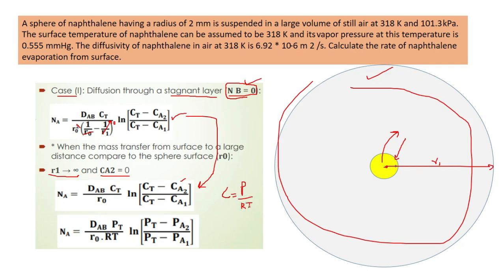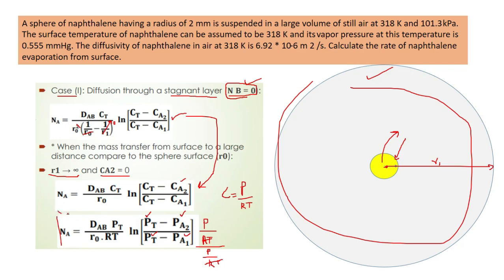So in place of CT you will write PT over RT, and in the numerator and denominator of the log term you will also write P over RT. RT remains constant, so it cancels, and you are left with only pressures: PT minus PA2 over PT minus PA1. I hope it's clear.